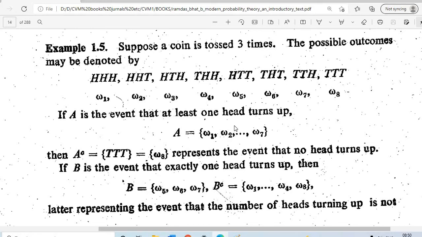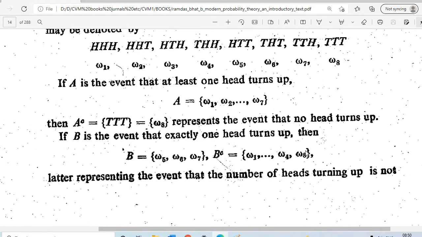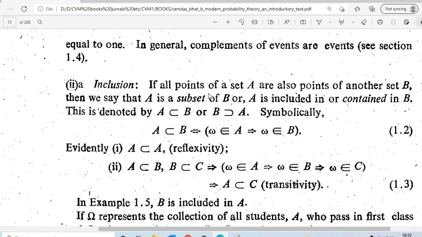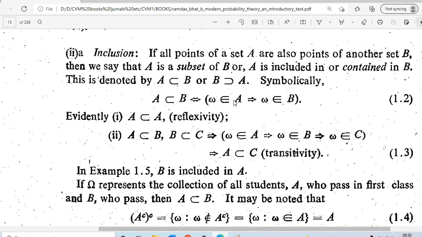So what will be B complement? Everything except omega 5, omega 6 and omega 7 is the B complement: omega 1 to omega 4 and omega 8. So anyway, this is the set B and B complement. A and A complement you have. We considered these examples only to illustrate the complementation.